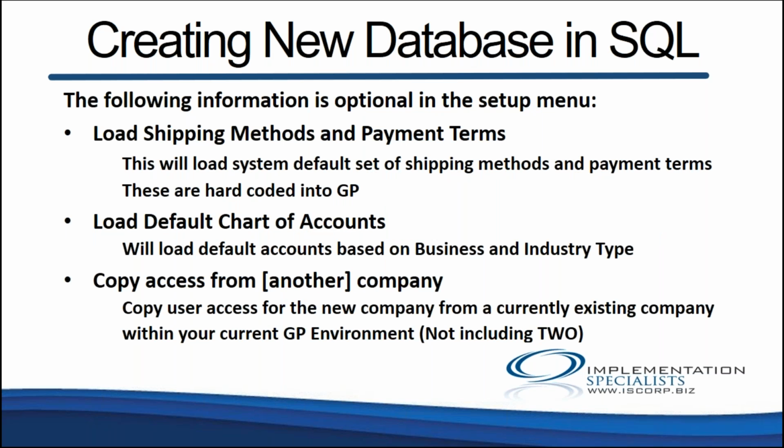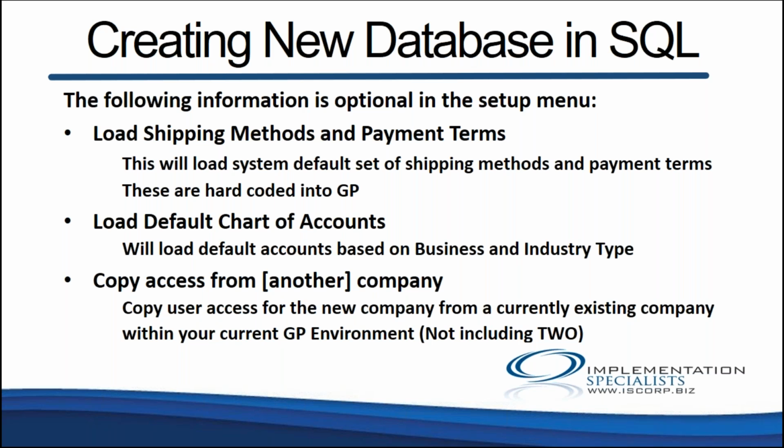All right, on the same menu, there are 3 optional setups. Load shipping methods and payment terms. That loads a default set of shipping methods and payment terms. Those are pretty much set in GP. There's a way to change that. Load a default chart of accounts. That's based on your business and industry type. And then copy access from another company. What you can do is, if you're creating a new company, you want the same people to have access to it.